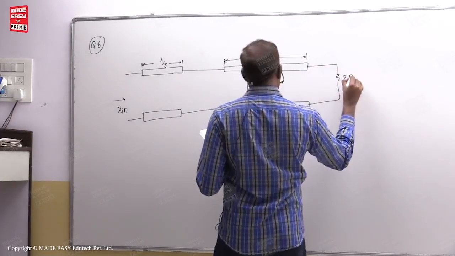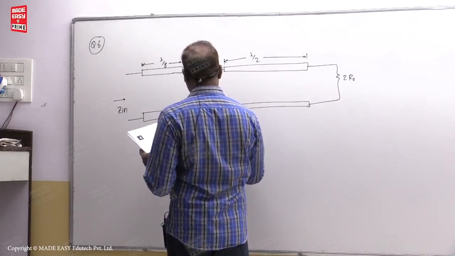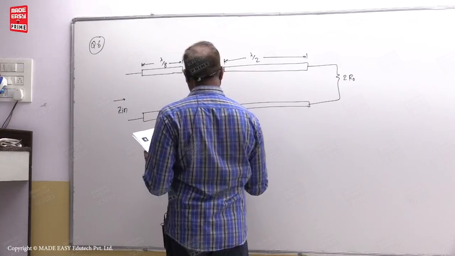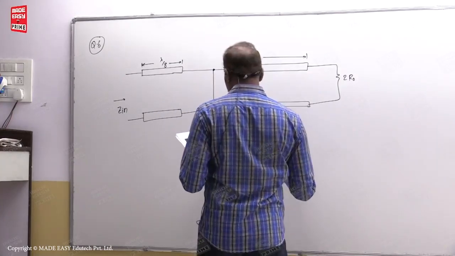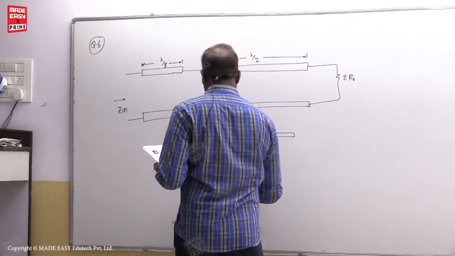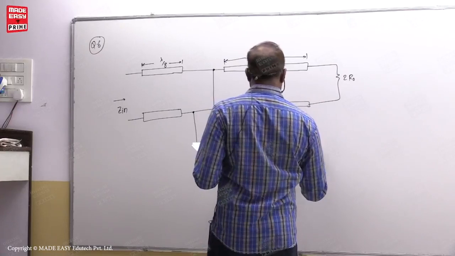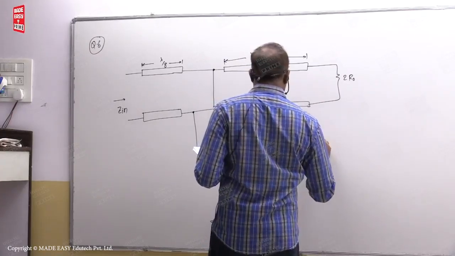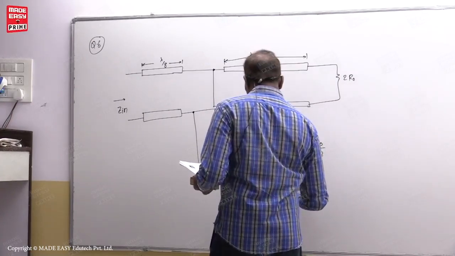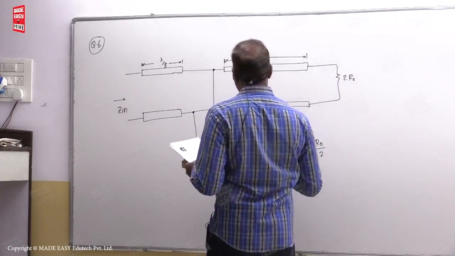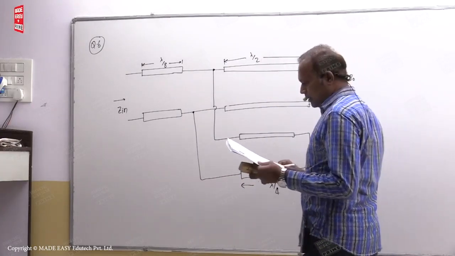That is 2 R naught characteristic impedance. This is R naught by 2. This is lambda by 4. And this is lambda by 2. Like this it is given.